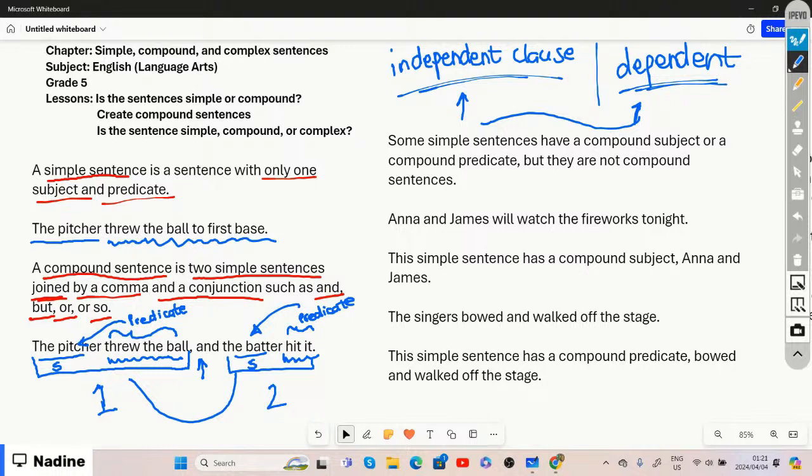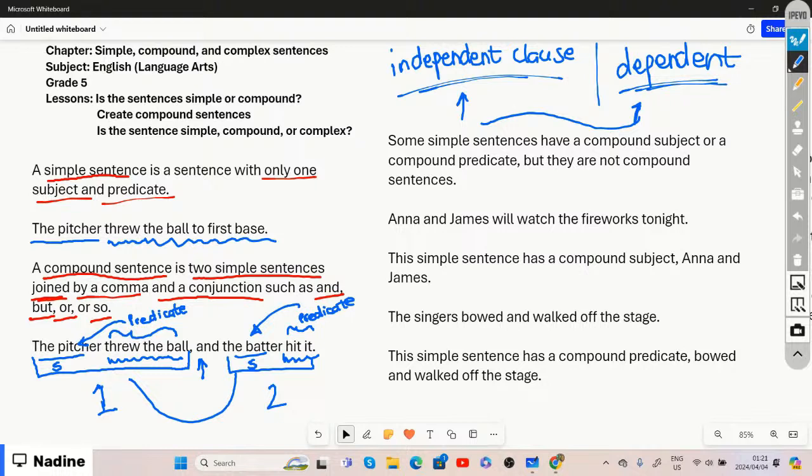So independent is like a phrase that stands on its own, while a dependent one cannot stand on its own. It's like a part of a sentence. Or it can also be a sentence, but mainly dependent is like a part of a sentence.